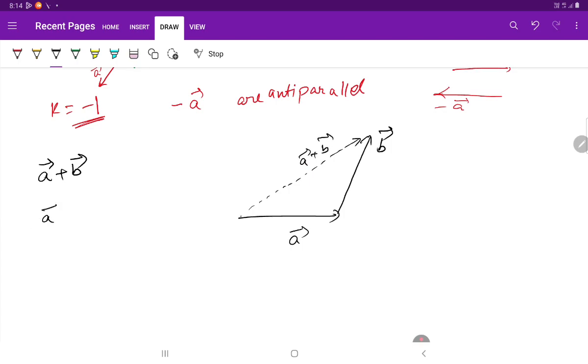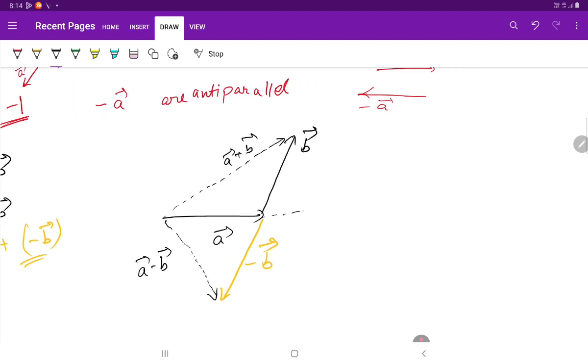If you are told to find A vector minus B vector, just reverse the direction of B vector. You can write it as A vector plus minus of B vector. So we are just reversing the direction, the same magnitude as B but in the opposite direction, and we write minus B vector. Hence, the resultant will come out to be A vector minus B vector.